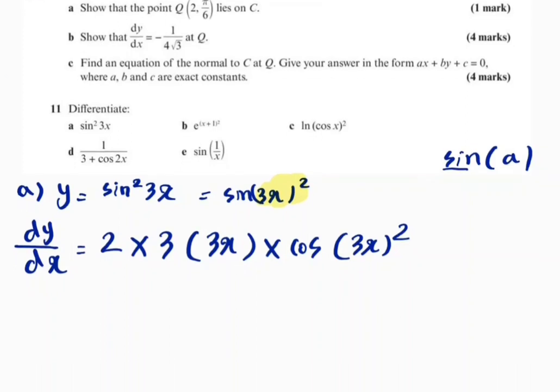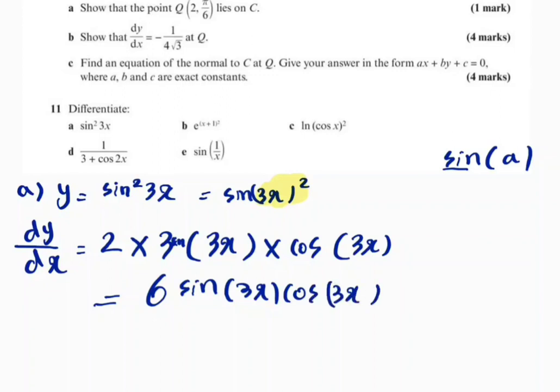Okay, so now, the sine differentiates to cos 3x, because the power is reduced by 1. Now this simplifies to 6 sin 3x cos 3x.